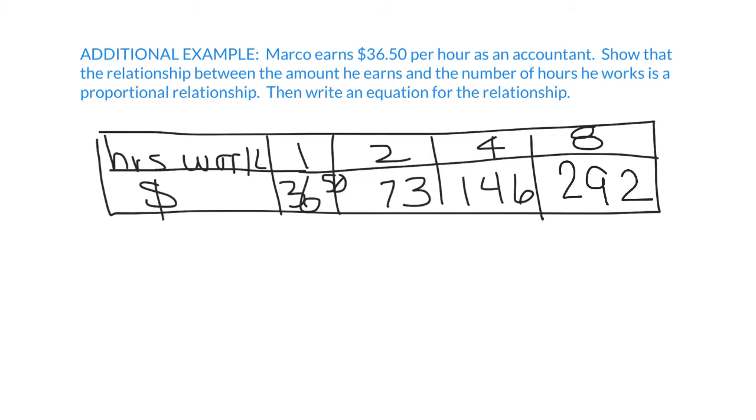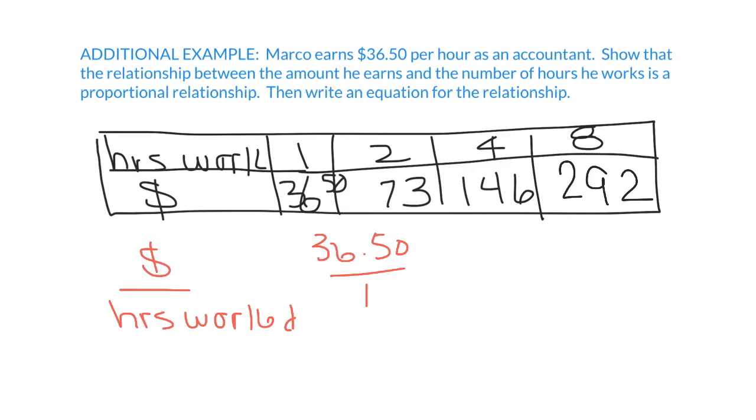And then step 2 was to write this relationship as a ratio and compare them. So I'm going to have the dollars being divided by the hours worked. 36.50 divided by 1, 73 divided by 2, 146 divided by 4, and 292 divided by 8.